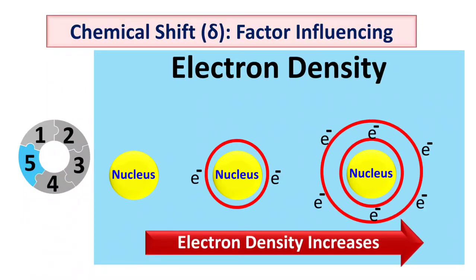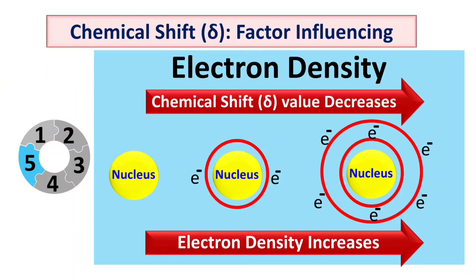Actually we are increasing the electron density. But if you now investigate the chemical shift value, please note that with increasing electron density at the active hydrogen nucleus, the chemical shift delta value actually decreases.